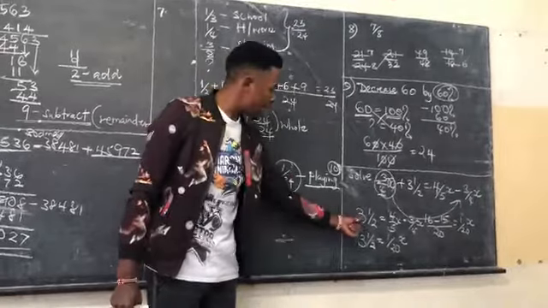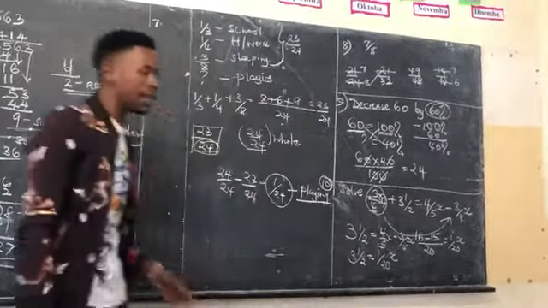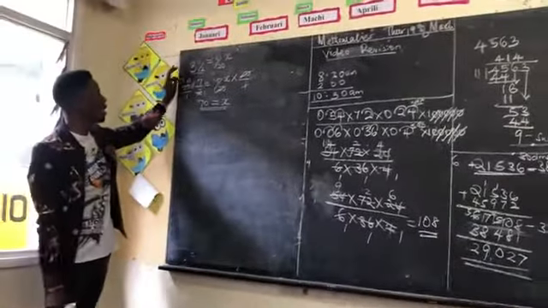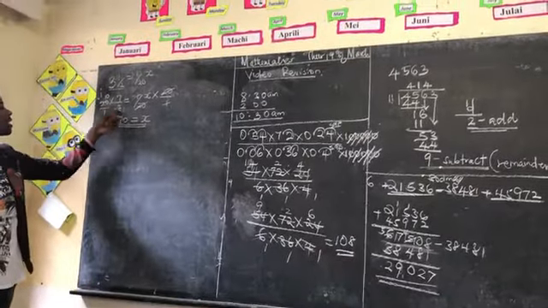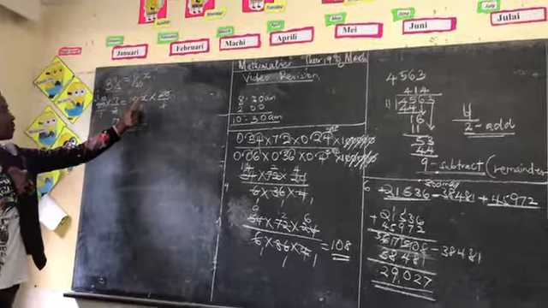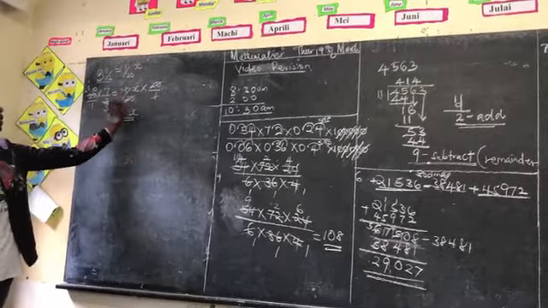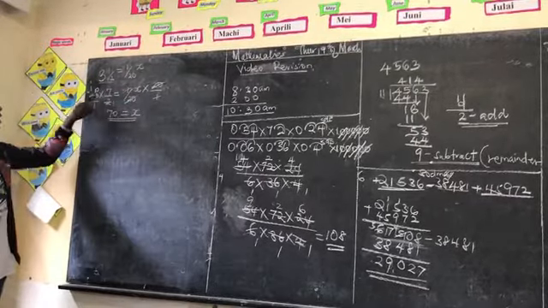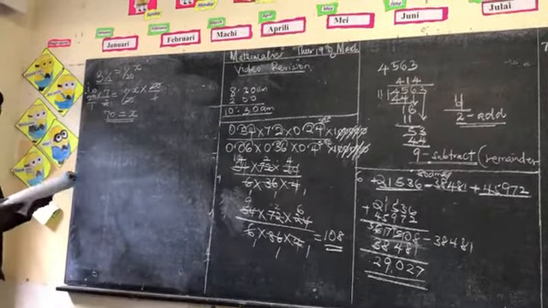So on this side we had 3.5 is equal to 1 over 20x, and then we tried to solve for x. We changed this into an improper fraction, which gave us 7 over 2 is equal to 1 over 20x. Because we want x, you multiply both sides by the reciprocal of that fraction. The reciprocal of 1 over 20 is 20 over 1, and on the other side times 20 over 1, which gives you 70.